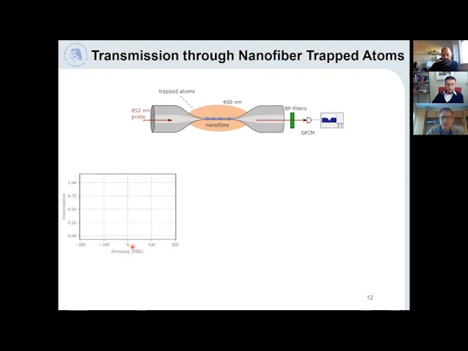And if we now vary the detuning and measure the transmission of the light through the nanofiber, then we see that we actually deal with an optically dense ensemble of atoms where the transmission goes to virtually 0 over quite a range of a few 10 megahertz of detunings.